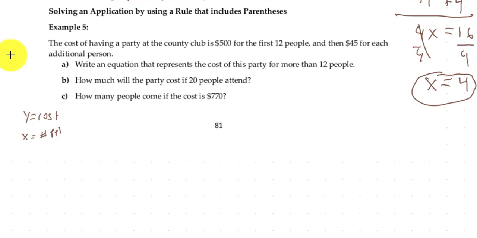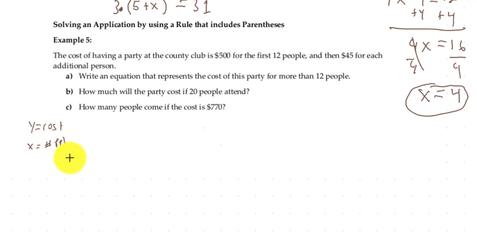So initially, my cost would be, let me erase this. Right, so if y is my cost, well, I'm going to pay $45 for each additional person. So no matter what, I pay $500 to rent the club, and that covers the first 12 people, right? So it's 500 plus $45 times each person over 12.